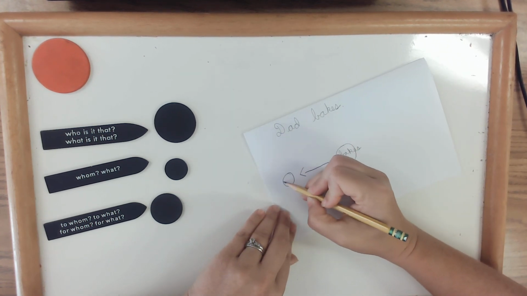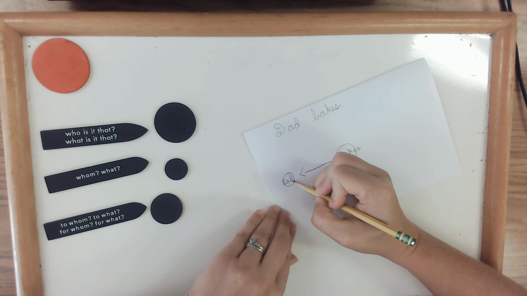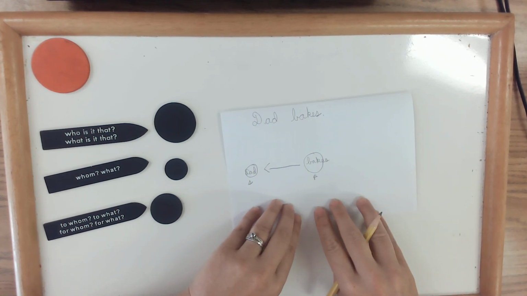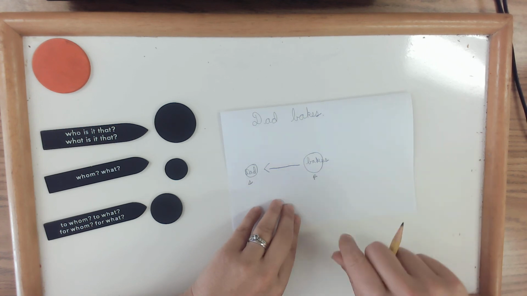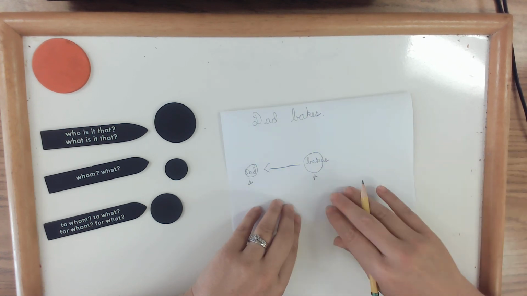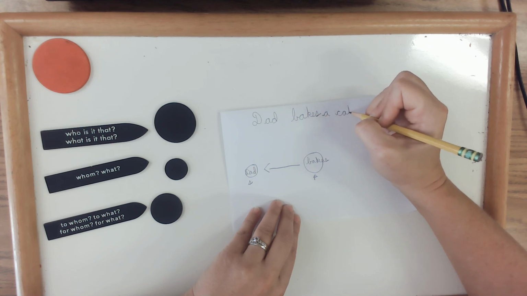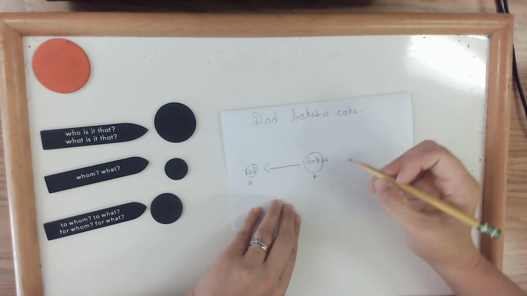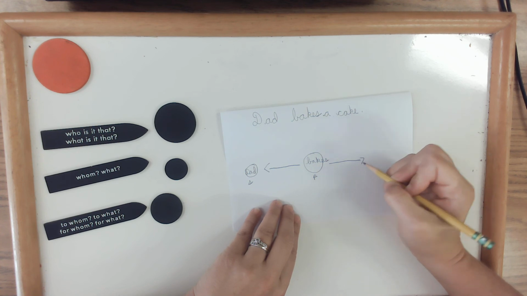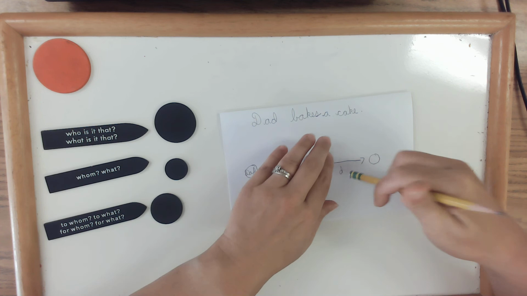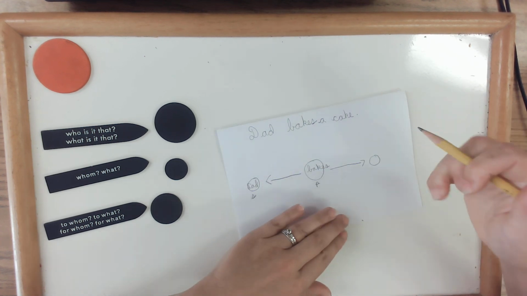And then of course Dad goes here. And I will put an S under Dad for subject. So this would be Dad bakes. Now, if I were to continue to go on and say Dad bakes a cake, the arrow would just come here for direct object. I'll put it under the circle as well.